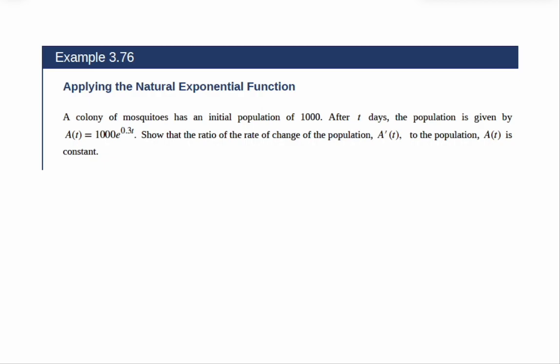So it says to find A prime of t, that the ratio of the rate of change to the population A sub t is a constant. So all that means is let's take the derivative first and let's see what happens. Let's see how it relates back to the original function. So that's what they're wanting us to do.